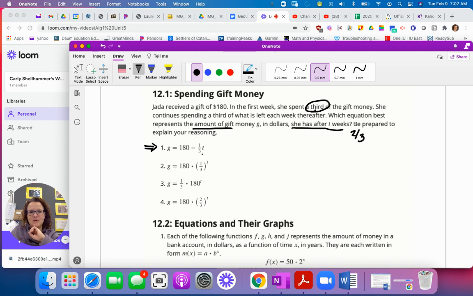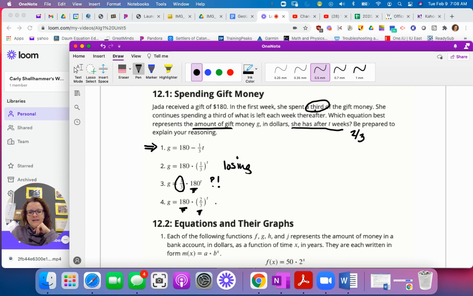That doesn't work for any week after that. Equation number 2 represents the amount you're losing each week, not the amount you have left. And this one, I don't even know what that one's doing. That means I have an initial value of a third and I'm increasing by 180 each week.